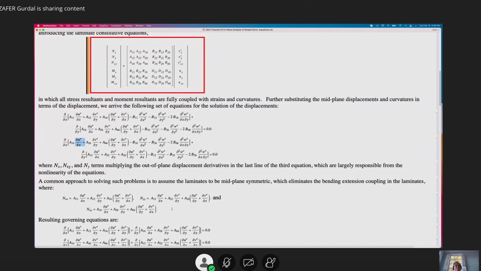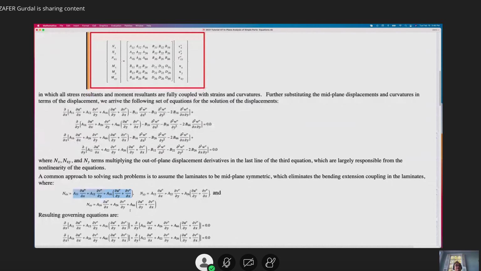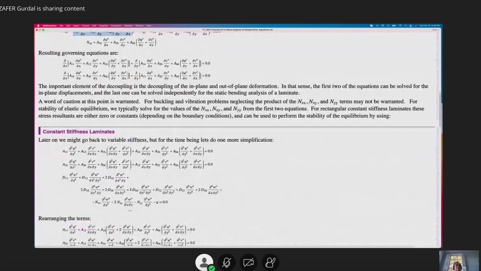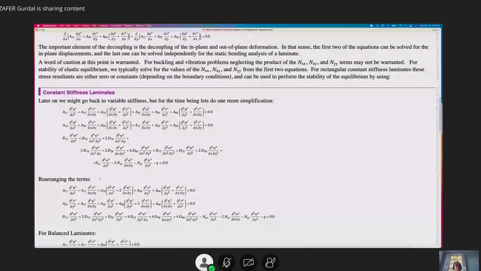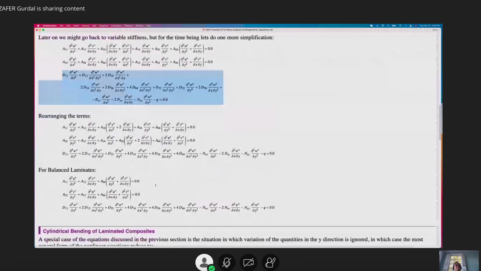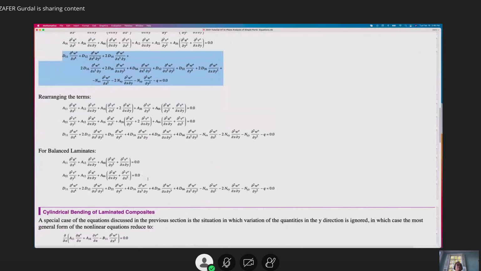And even if you simplify to be mid-plane symmetric, eliminating the coupling, these are now expressions for Nx, Ny, and Nxy. And this becomes the bending stiffness matrix that has to be solved. And for balanced laminates, you can also get rid of the 1/6 and 2/6 terms in here.